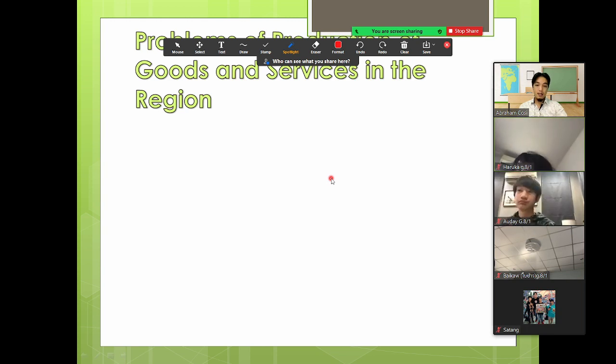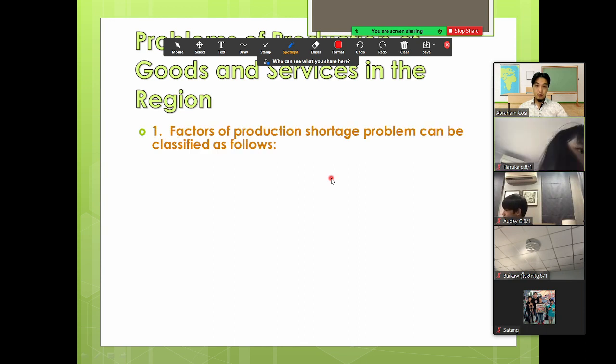Let's summarize all of these. The first problem is factors of production shortage. Of course, we all know what the factors of production are, right?